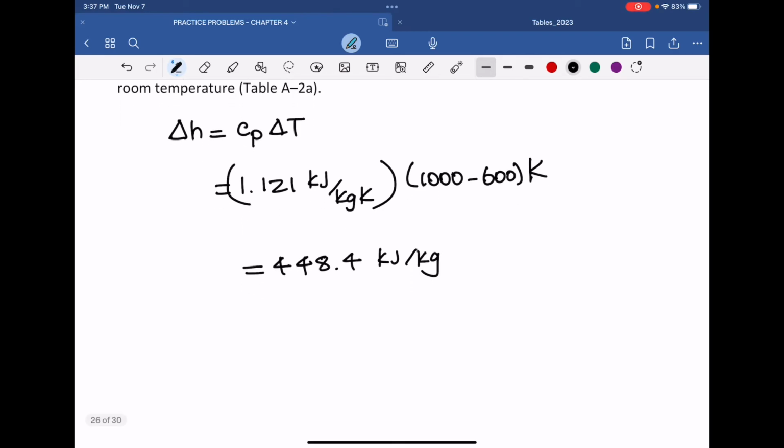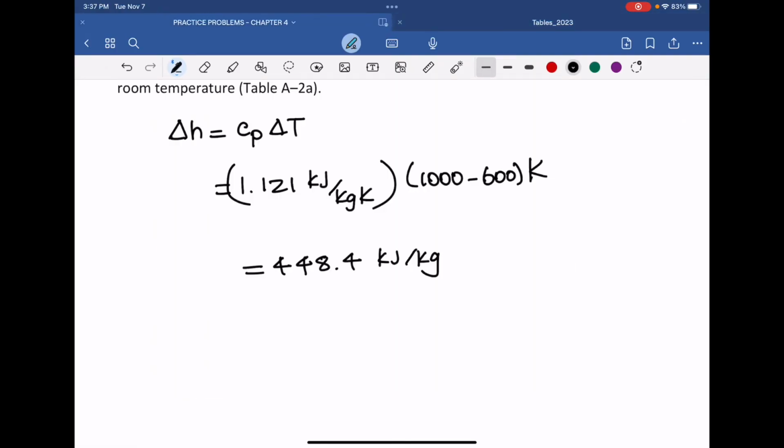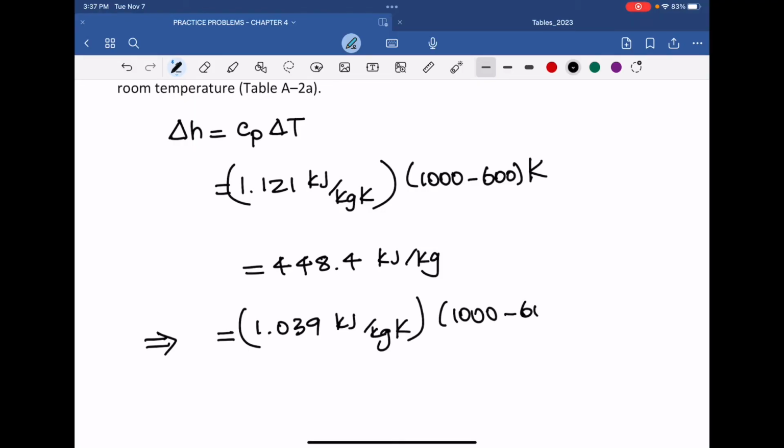Now we can repeat it for the room temperature value, which is this one. And this will give you that.